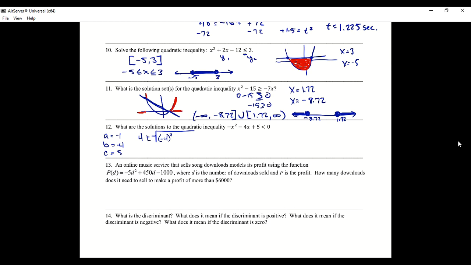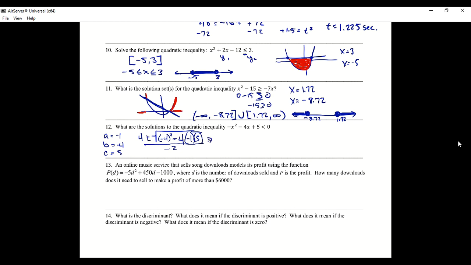Or you can realize the fact that negative 4 times negative 4 is 16, which is 4 squared, and you can just drop the negative and square the resultant number. Minus 4 times negative 1 times 5, and then all of that over negative 2. It's negative 1 times 2.